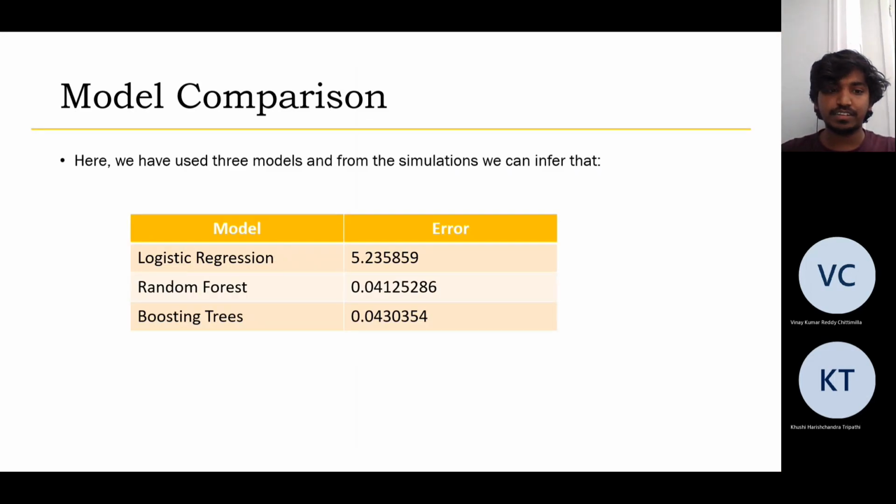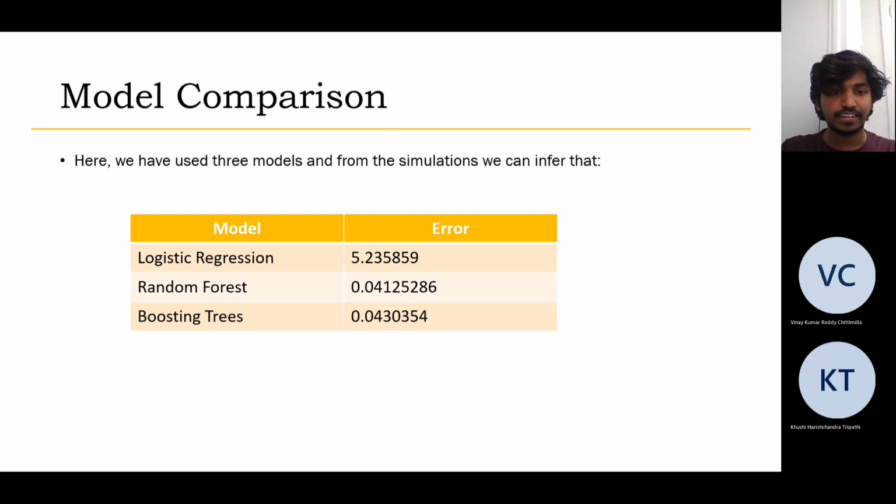We can see the errors of each model in this table, where logistic regression has 5.23, random forest has 0.041, and boosting trees has 0.043. We can clearly see that random forest has done good work on the data and given less error for the model.